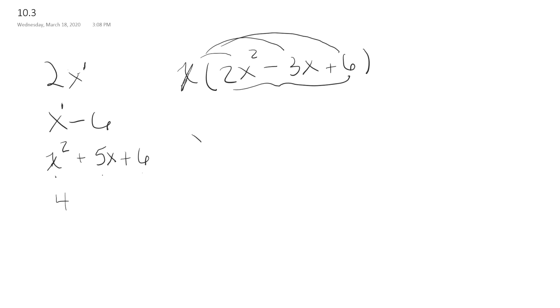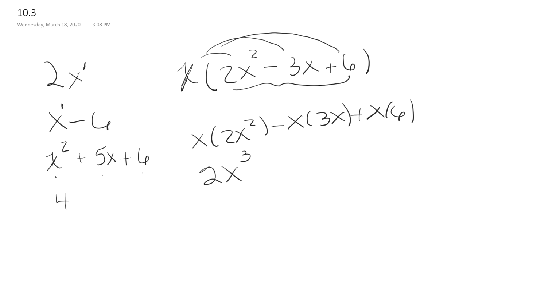So it's x times 2x squared, minus x times 3x, plus x times 6. This is going to be 2x cubed minus 3x squared plus 6x. And that is your final answer.